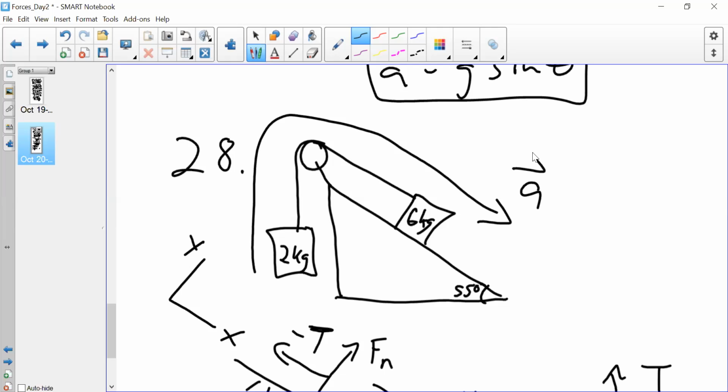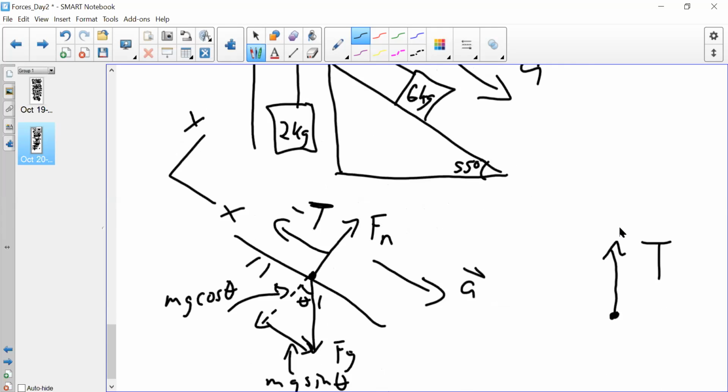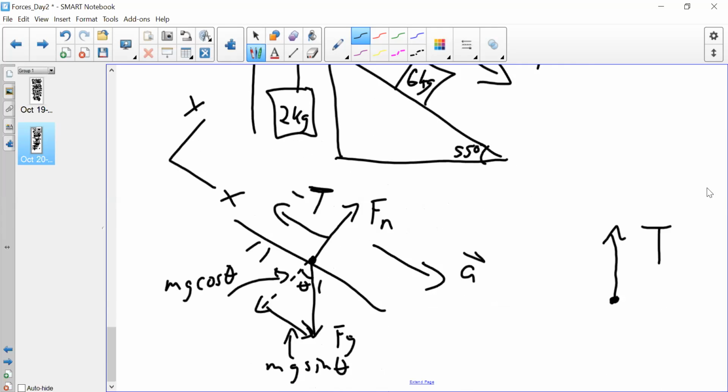The system accelerates uniformly as one. They have a common acceleration. They're both going to be sliding together. This guy slides down. You can't see my finger. But yeah, they slide. As he goes down, this guy goes up. Same rate, same acceleration.